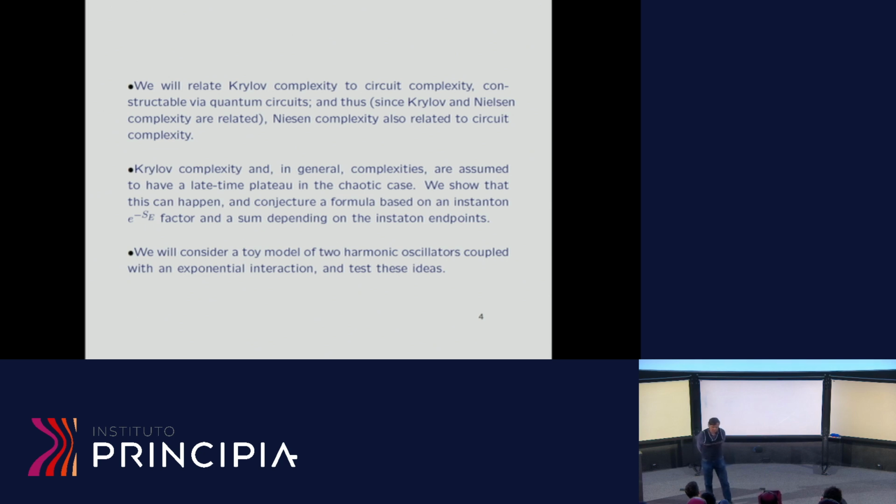And we show how this could happen, and we conjecture a formula with a sort of instanton factor that can appear. And then finally, we'll consider a toy model of just two harmonic oscillators coupled with an exponentially increasing interaction, such that we have a chaotic system, and we can test these ideas.